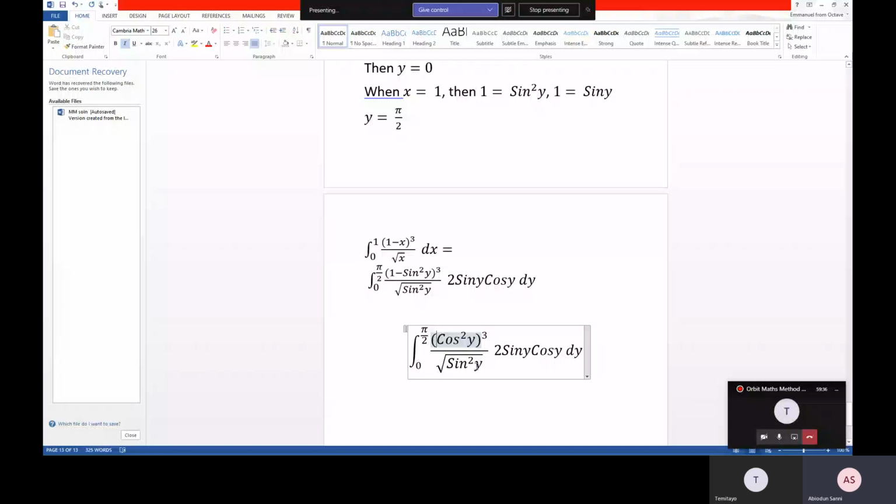Good. So we can proceed to the next line. Then these two can come outside since it's a constant. Sin y already cancelled sin y here. Okay, let me just delete it.